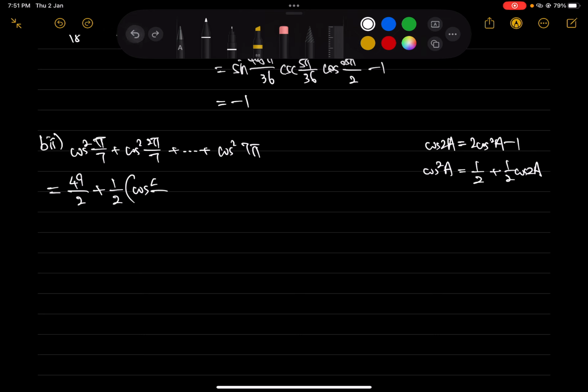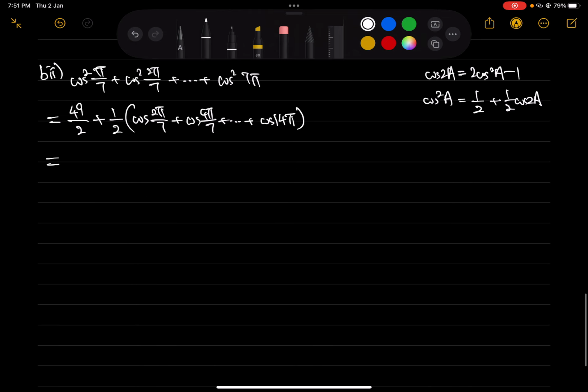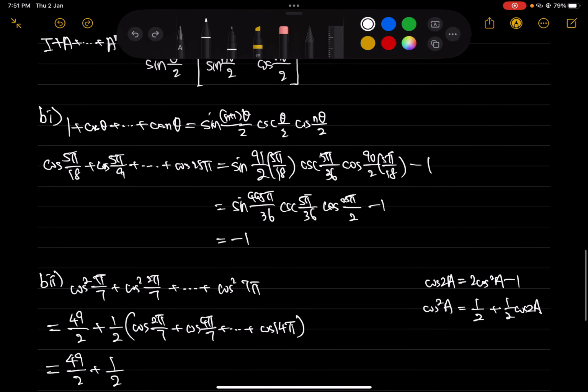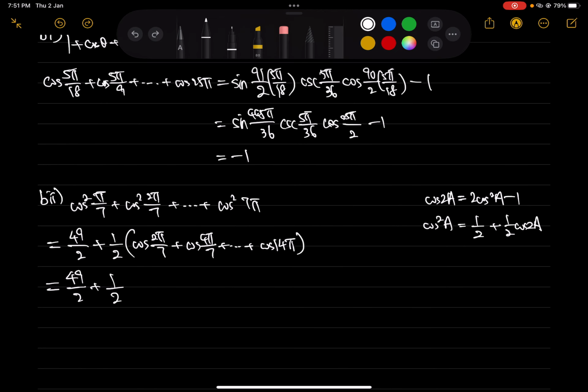Oh, excuse me, that should be a 2π. Obviously, we have 49 terms, and θ is 2π/7.